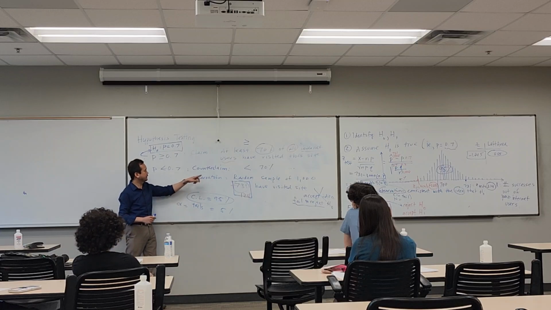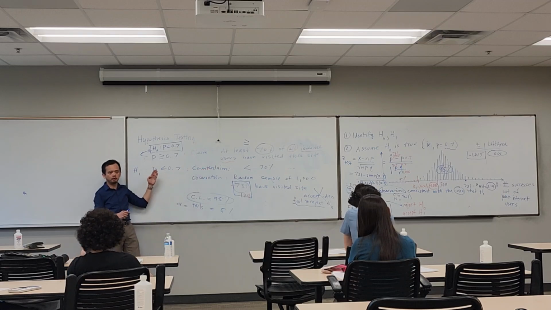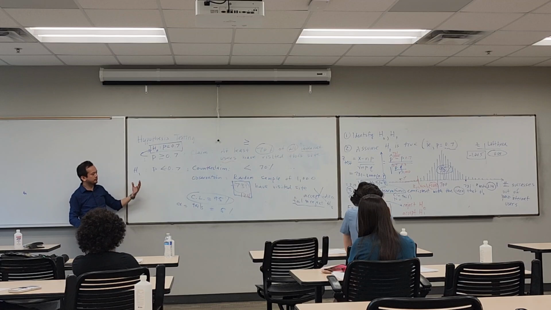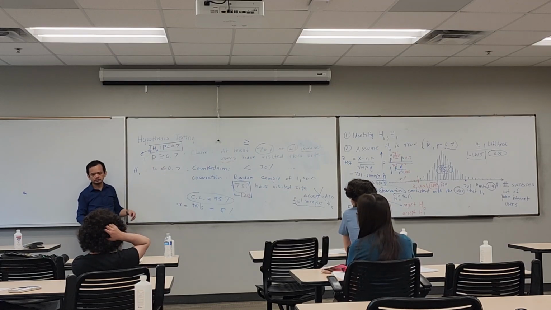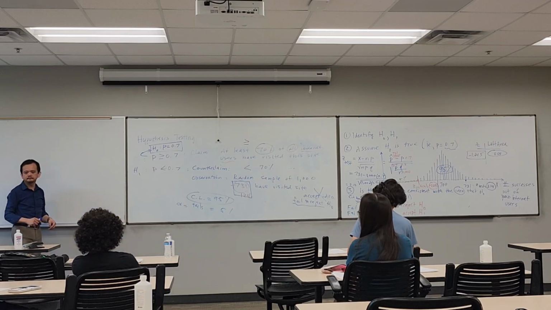The claim was that the coin was unfair, and the counterclaim ended up being that the coin was fair, which is p equals 0.5, and that ended up being the null hypothesis H0, the counterclaim. So the null hypothesis is always the statement that has the equal sign. Sometimes it's the claim, sometimes it's the counterclaim. Any questions?